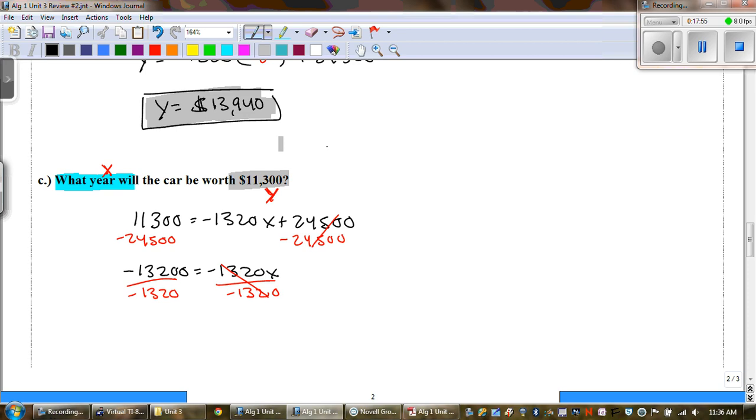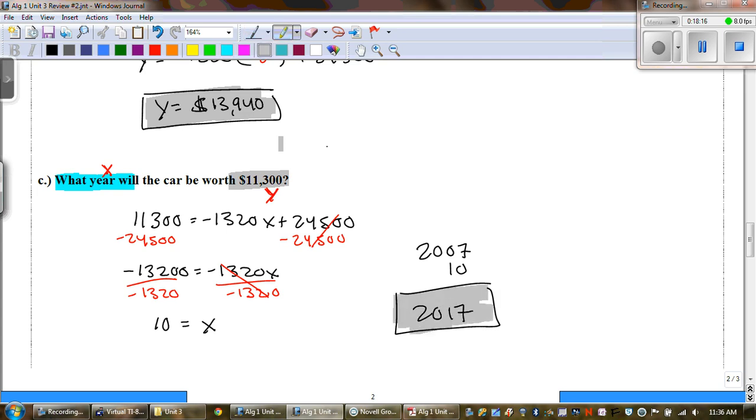And when you do that in your calculator, we get 10 equals x. So what year would that be? Well, remember, she bought the car in 2007, so if we add 10 to that, the year would be 2017.